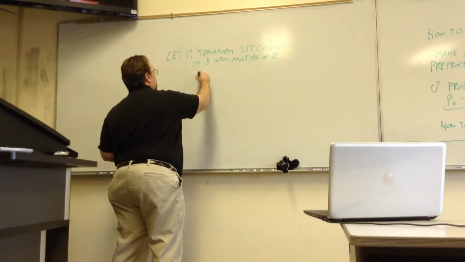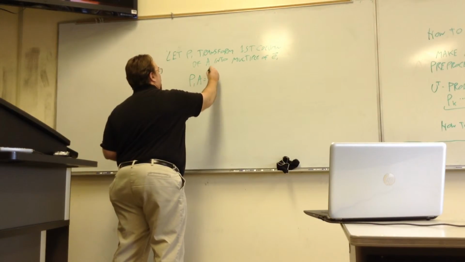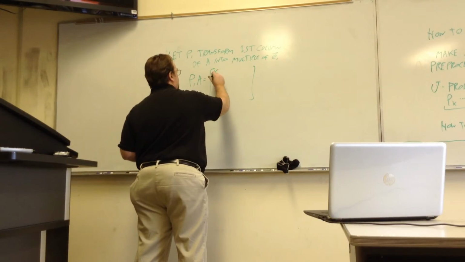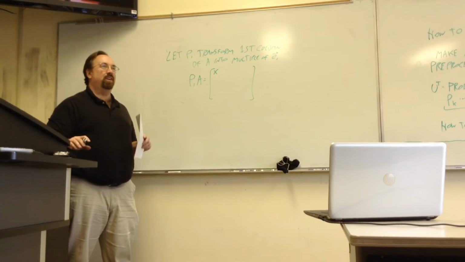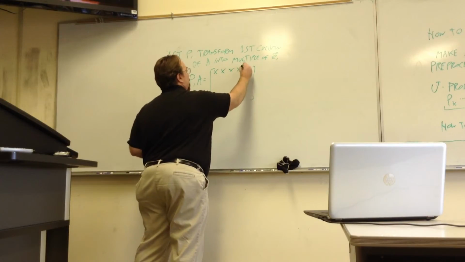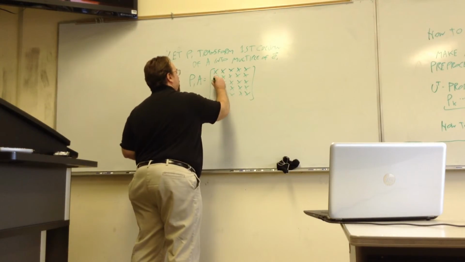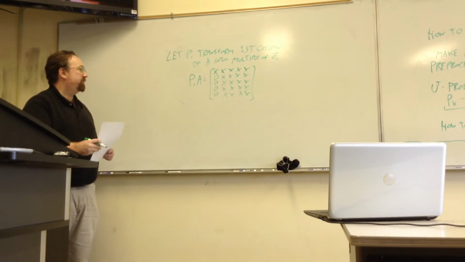So the idea is P1 times A now has this structure. I'm going to be doing a lot of these matrices, so it's important to get used to it now. I'm going to use x's to represent non-zero entries, and obviously the o's are for zero. So it zeroes out everything in the first column except for the first entry.